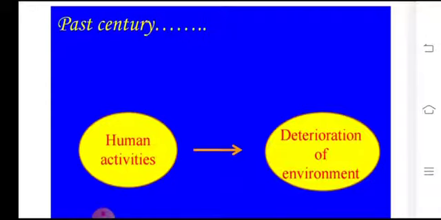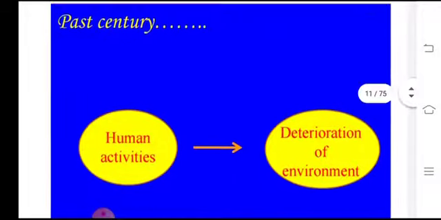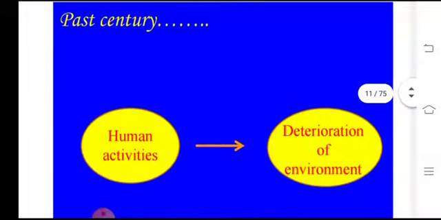The industry is continuously disposing of its waste in the form of gas emissions, wastewater, and solid waste. Everything is being added into the system, and it is leaving a negative impact. So this is called pollution.